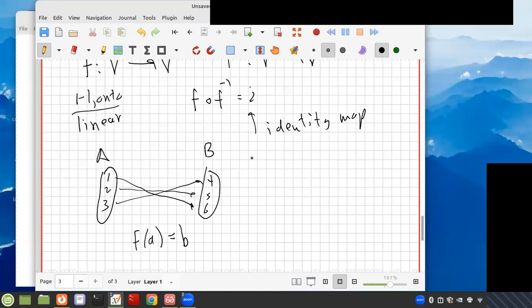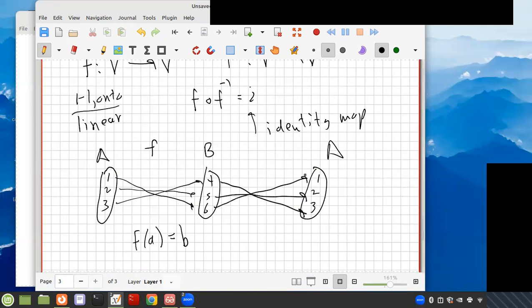Well, if this is F, we could define a map back to A where we reverse the arrows. If 3 went to 4, then 4 is going to go to 3. And if 2 goes to 5, then 5 is going to go to 2. And if 1 to 6, then 6 is going to go to 1. So I just reverse the arrows.